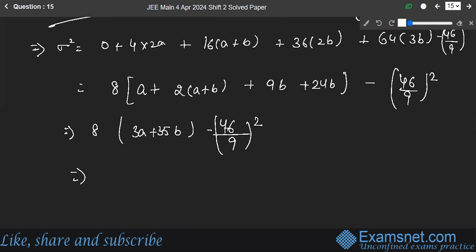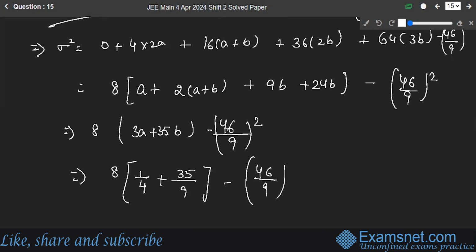Let's fill in the values of a and b. a was equal to 1 by 12, so this will give me 1 by 4, and b was equal to 1 by 9. So this is 35 by 9 only, minus 46 by 9 square.